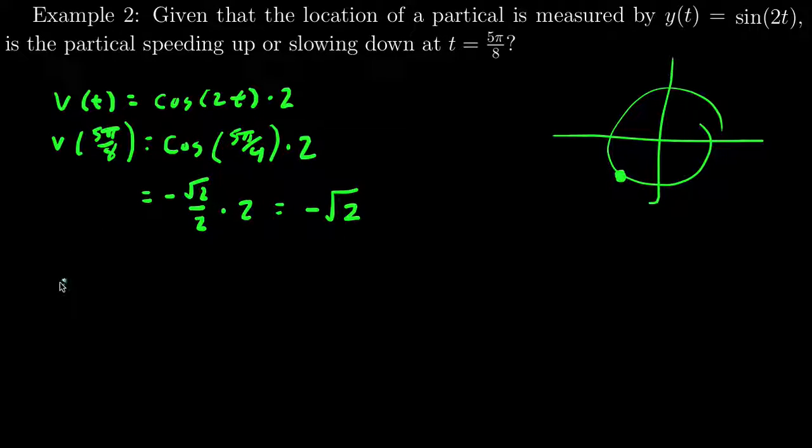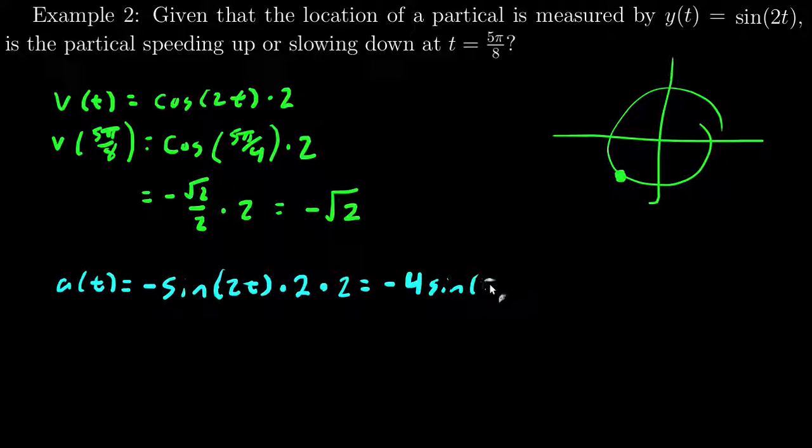Next, I'll go to the acceleration. And so the derivative of this will be negative sine of 2t times this constant multiple of 2, but also times 2 for this chain rule, which I guess I'll clean up, is going to be negative 4 sine of 2t. And I could have cleaned this up and said 2 cosine 2t.